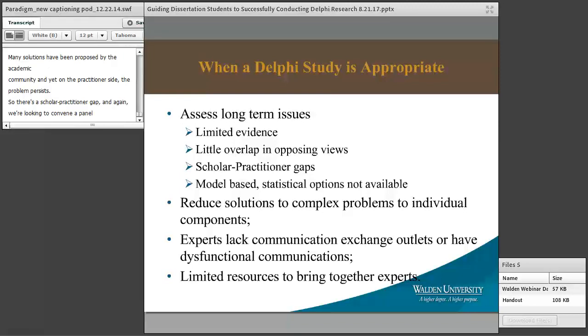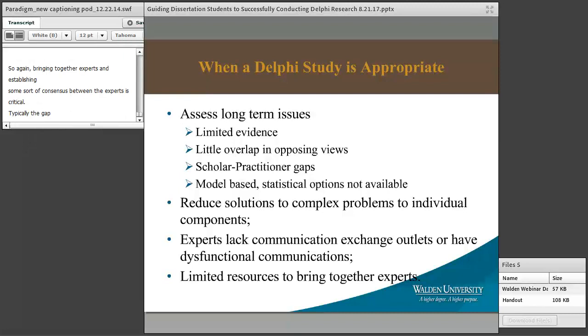It could also be that model-based statistical options for addressing forecasting or projections are not available relative to the topic. So again, bringing together experts and establishing some sort of consensus amongst the experts is critical.